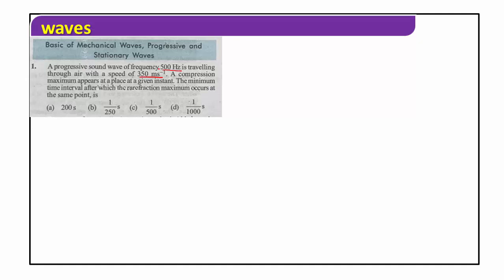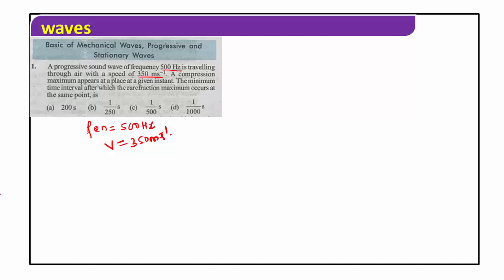This question is based on the progressive wave. Here, a progressive sound wave of frequency, mathematically denoted by the symbol f or n, equal to 500 Hz. It is traveling through air, because a progressive wave requires a medium for its propagation, with the speed v equal to 350 meter per second.